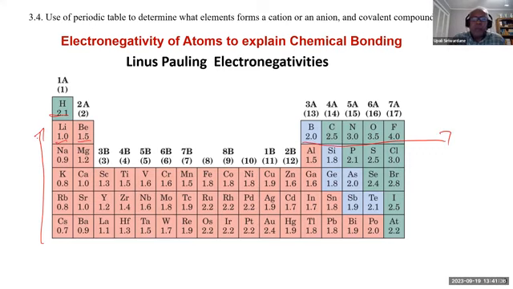So if you have to decide about a bond between sodium and chlorine, you have to take the electronegativity difference. Chlorine is 3.0. Sodium is 0.9.